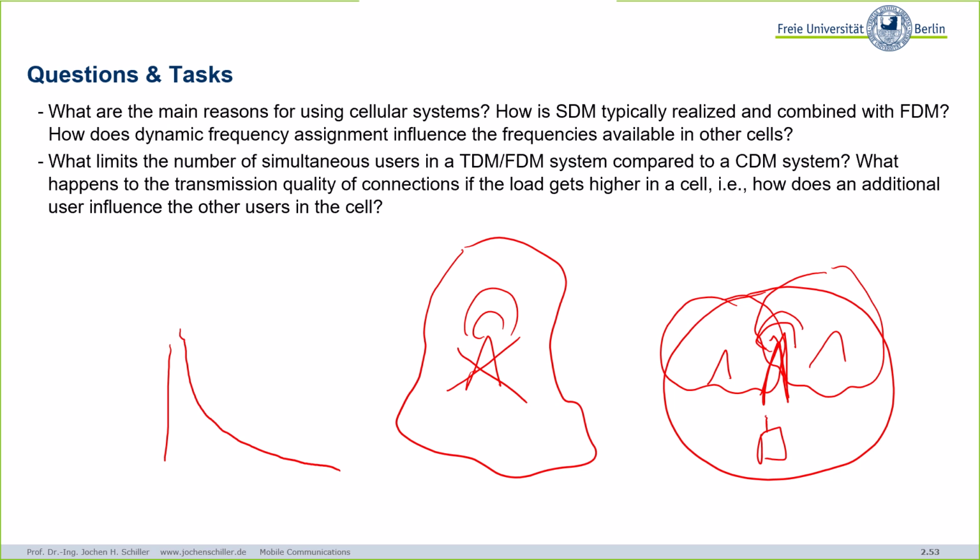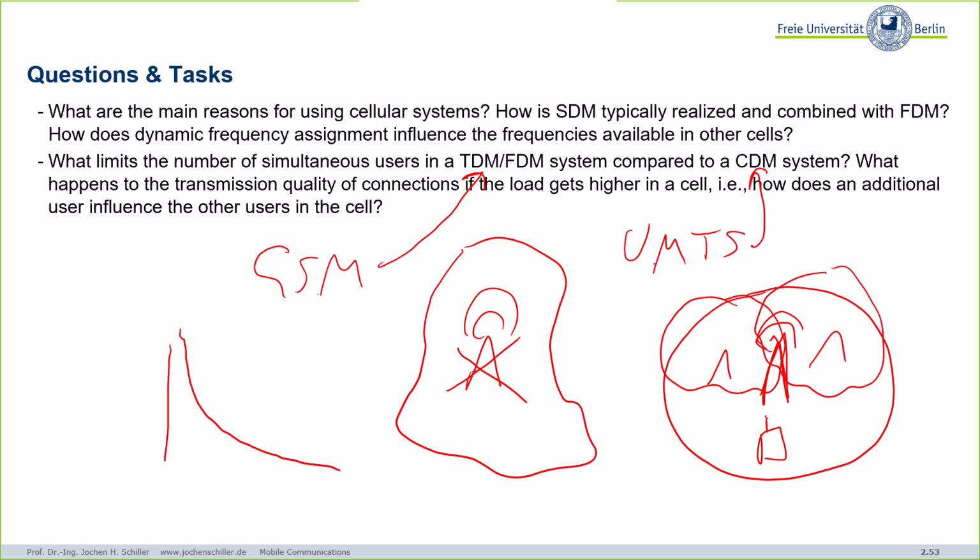Okay, and then we also looked into the comparison of TDM-FDM systems. We will learn that the classical second generation system GSM is such a TDM-FDM system, and we will learn that UMTS is a CDM system.